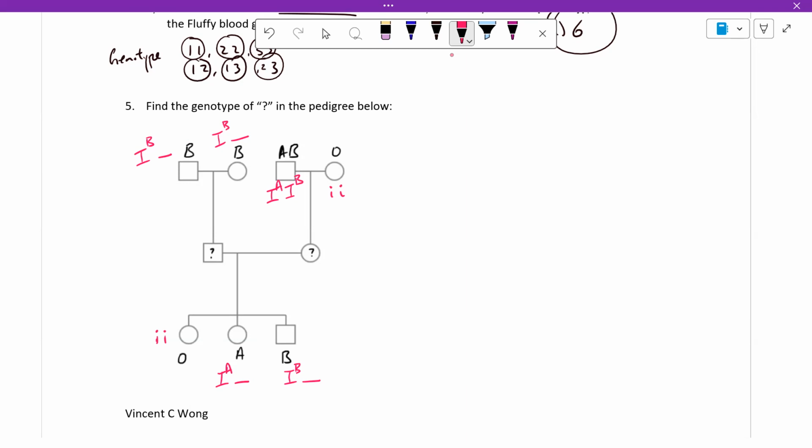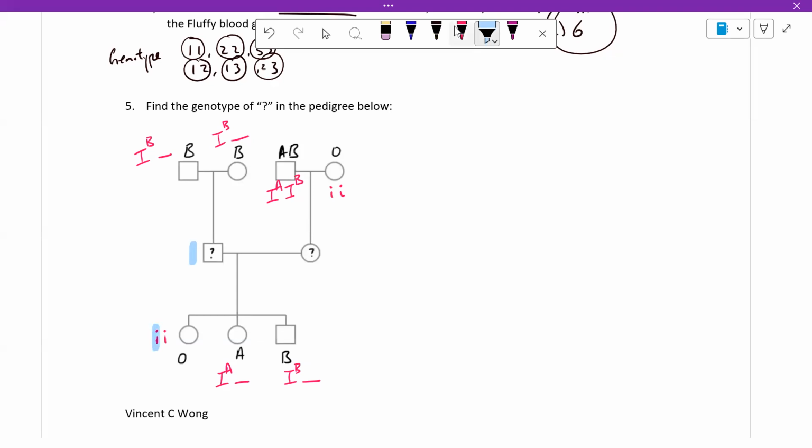Then you got to start using some logic. Sometimes you have to chase down the generations. Sometimes you have to chase up the generations. It depends. There's no fixed way of doing this. That's what makes it a little bit challenging, right? So there is a little i here.